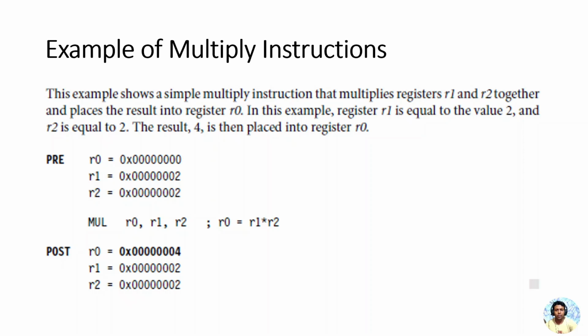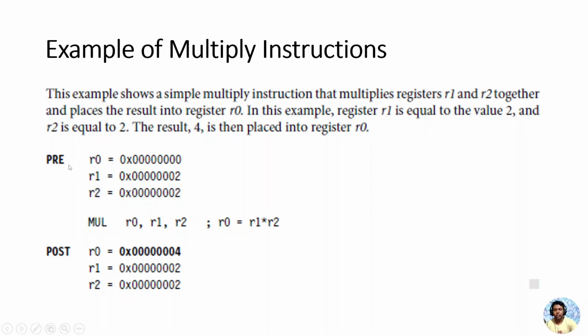Now let's see an example of a multiply instruction. This example shows a simple multiply instruction that multiplies registers R1 and R2 together and places the result into register R0. In this example, register R1 is equal to 2 and register R2 is equal to 2. The result is 4, which is then placed into register R0.